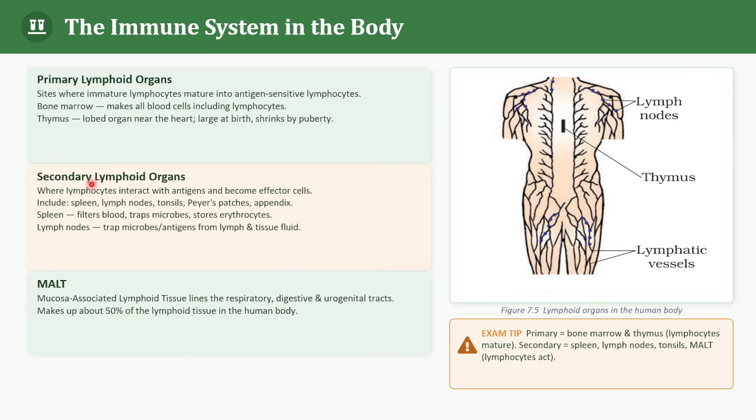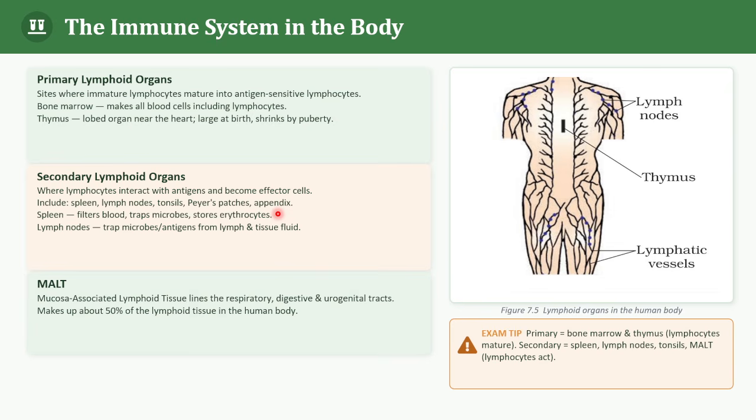And then what are the secondary lymphoid organs? After maturation, lymphocytes migrate to the secondary lymphoid organs. These include the spleen, lymph nodes, tonsils, Peyer's patches, and appendix. These organs provide sites where the lymphocytes interact with antigens and also become effector cells.